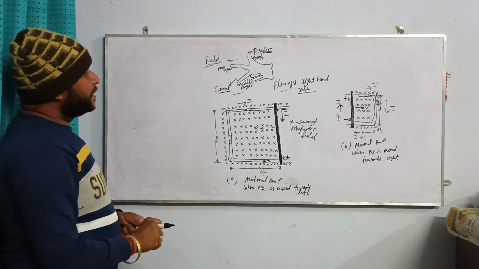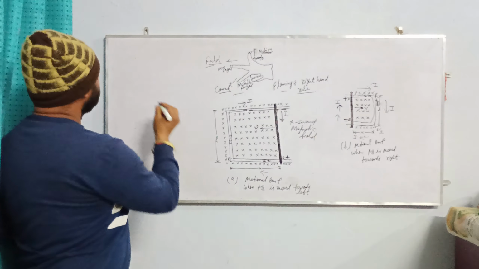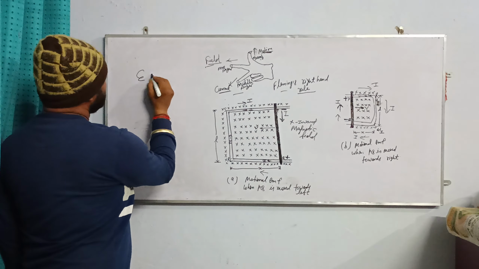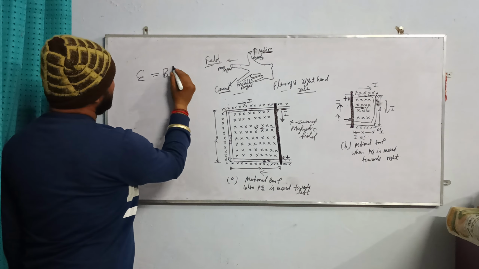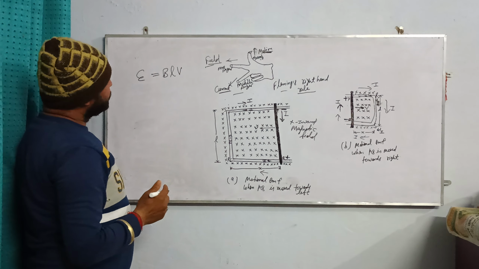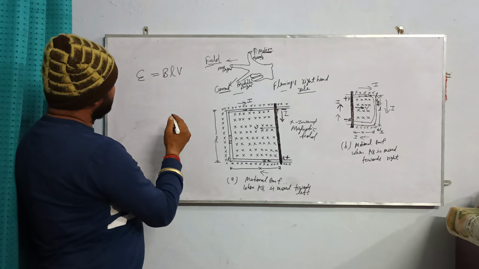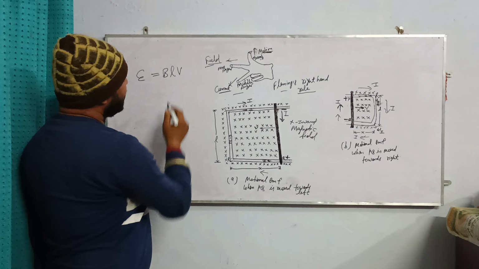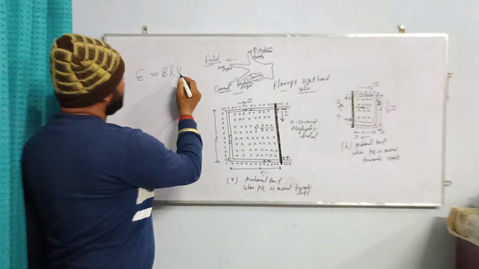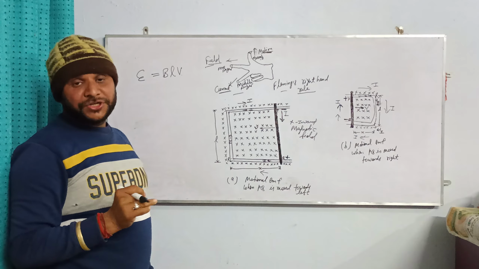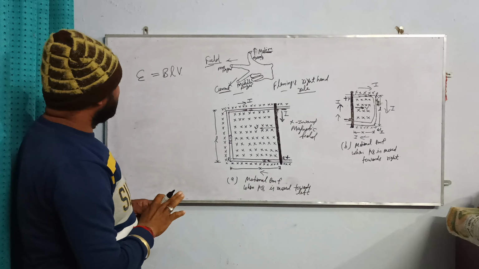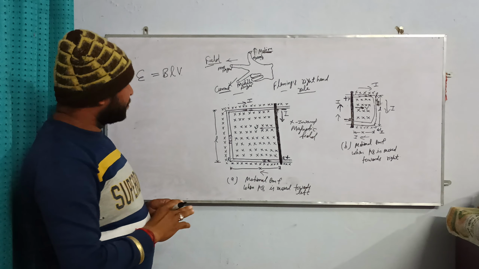Now, what will be the magnitude of the induced EMF? It is equal to BLV. Students, B is the magnitude of the magnetic field, L is the length of the conductor, and V is the velocity with which the conductor moves.